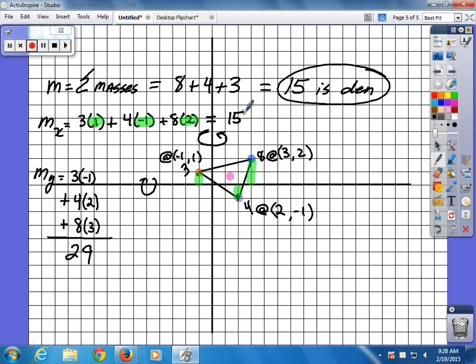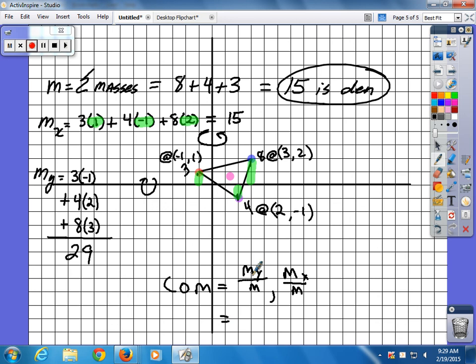Okay, so the center of mass is going to be equal to the moment around the y-axis over m times the moment around the x-axis over m. And what's the moment?